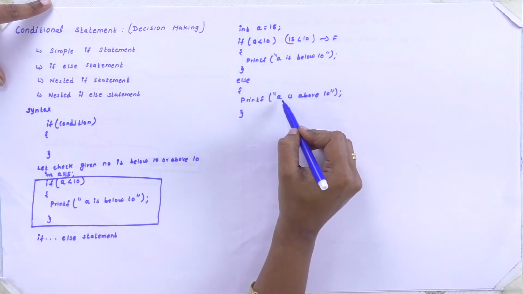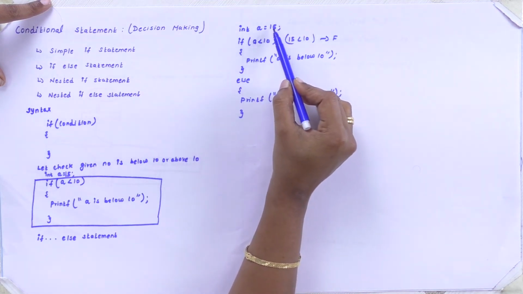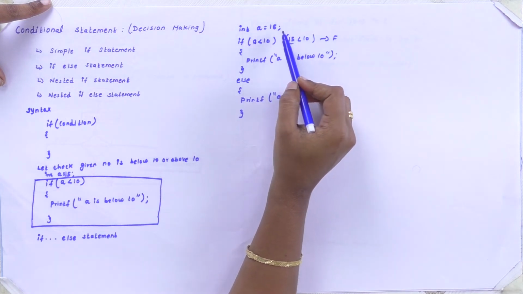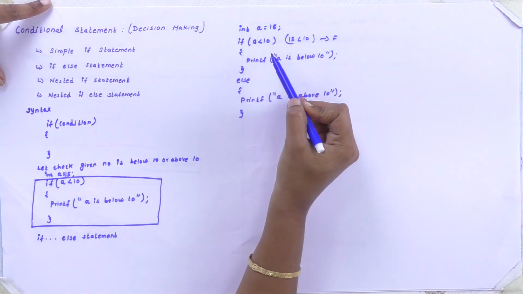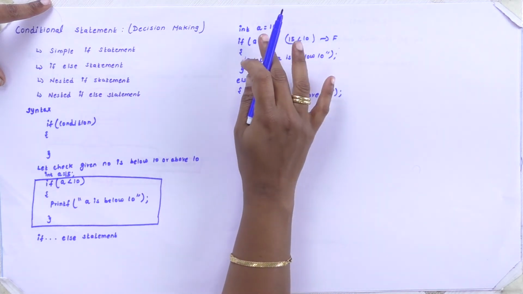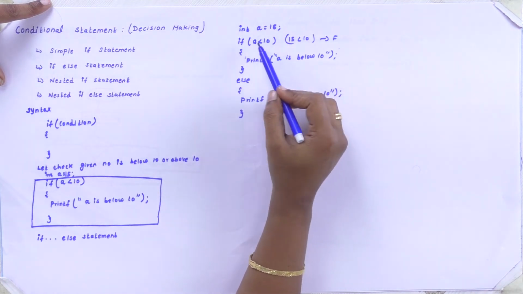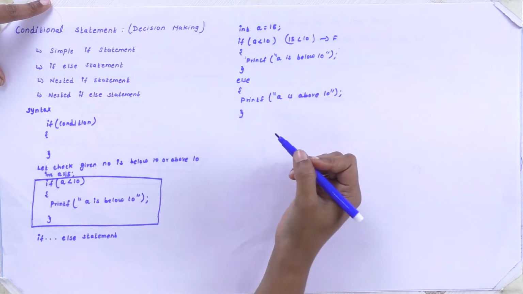So our output is a is above 10 in the case of a equal to 15. When you consider a equal to 5, it will check 5 less than 10, the condition becomes true, so it will execute the if statement. So if-else is considered for both true and false, but it executes only one, either if or else.